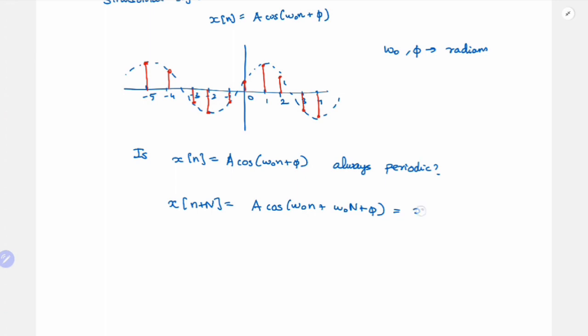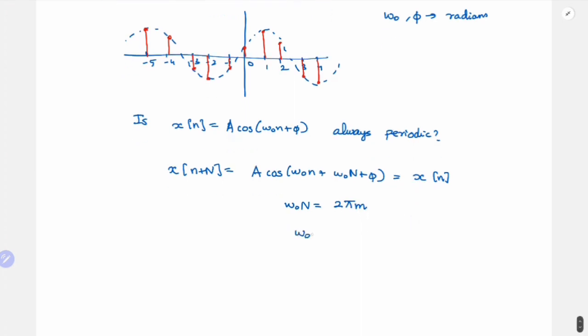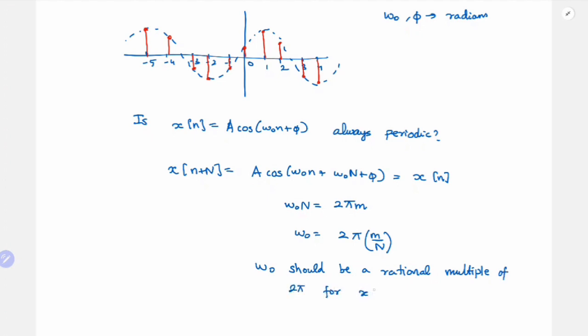So for this to be equal to x of n, my omega naught N should be an integer multiple of 2 pi, correct? So my omega naught itself should be a rational multiple of 2 pi for x of n to be periodic.